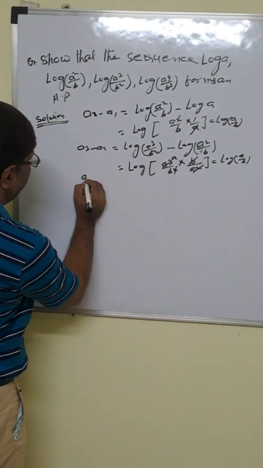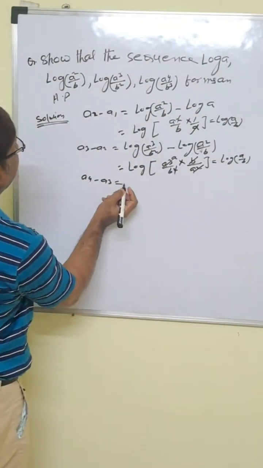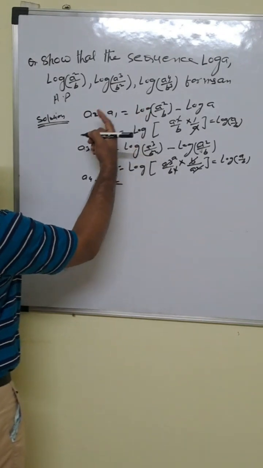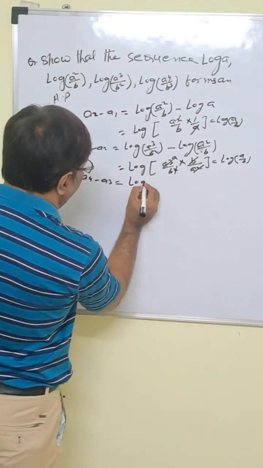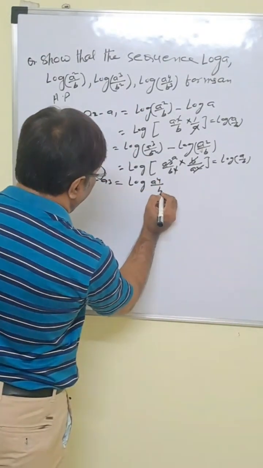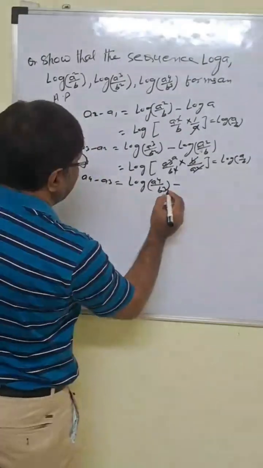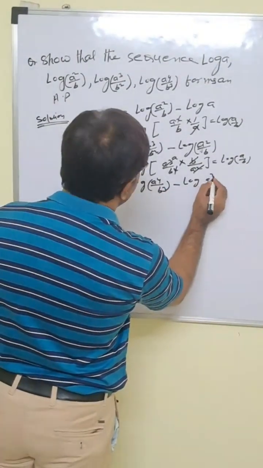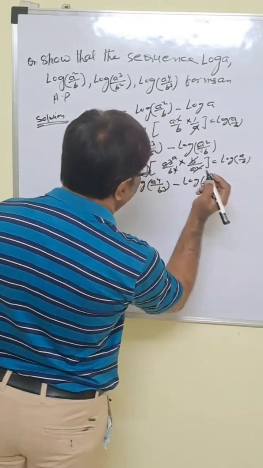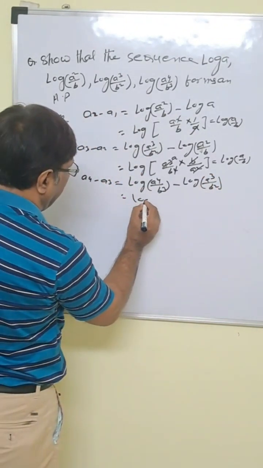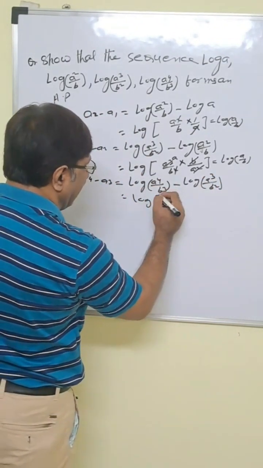Again we find A4 minus A3. So A4 minus A3 is log a to the power 4 upon b cube minus log a cube upon b square. Again the same rule, log x minus log y, so x upon y.